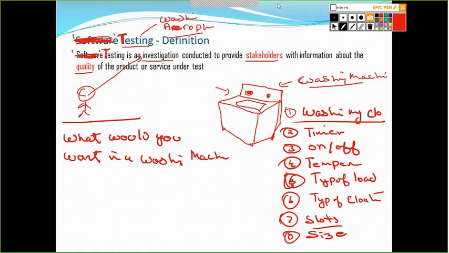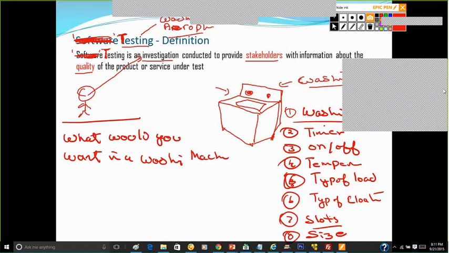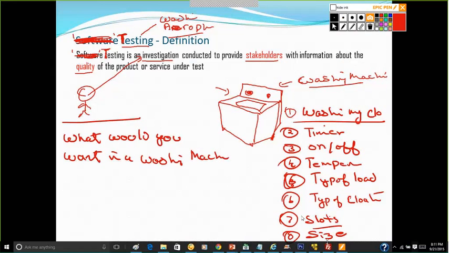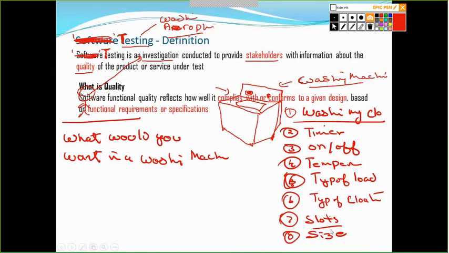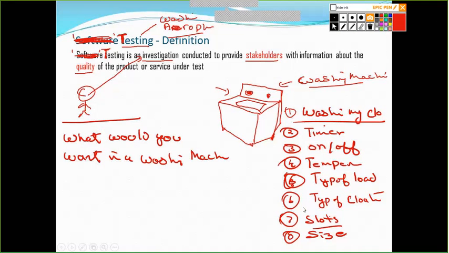Price and space is what we mentioned. It's like a size. Washing my clothes, right? That would come in that. So I just asked you a question: what would you want in a washing machine?